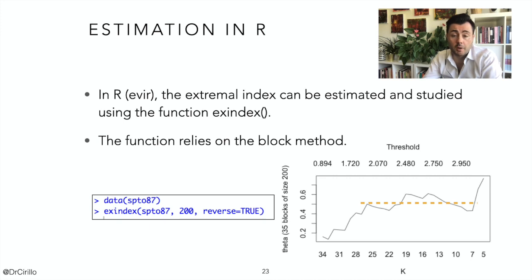That's why I like to say that statistics is a science, because it's a very strong science with many fields of application, but it is also an art, because you have to learn. And the best way to learn is to essentially practice. In the practical part of our lesson, later on, we will see how we can play with the extremal index in R, for example, using the extremal index function.